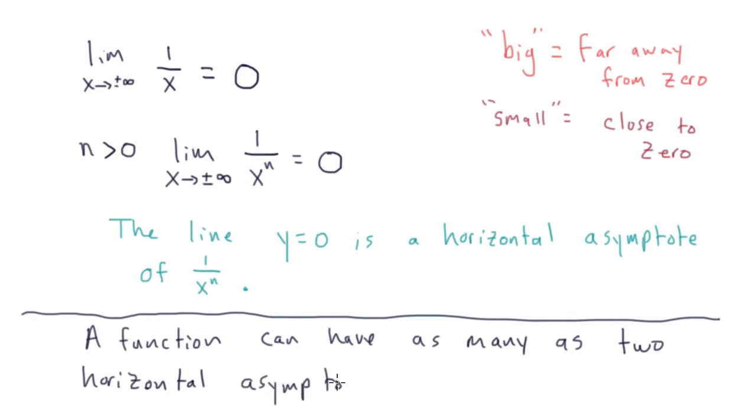And I'll just tell you what it is right now. So for instance, the function x over absolute value of x plus 1. And we'll actually show that this function does indeed have 2 horizontal asymptotes.